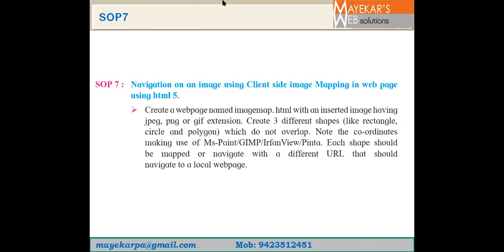Now we are executing it in a practical, how we can create a number of hyperlinks on a single image. Image mapping means more than one hyperlink on an image. That is called image mapping.